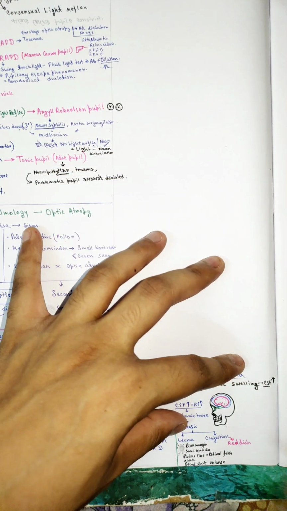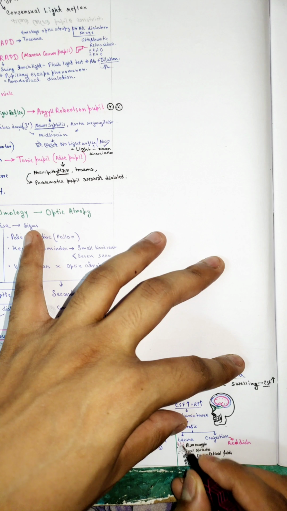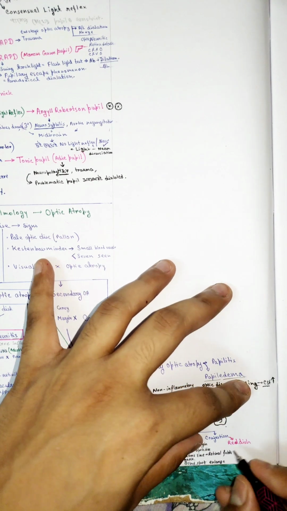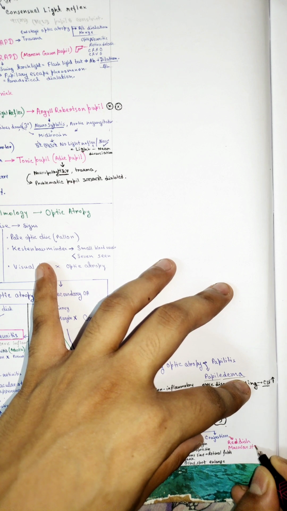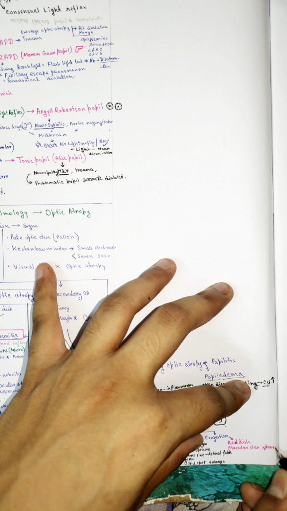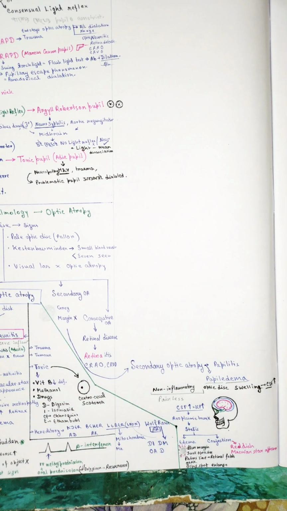We will see macular star appearance like this here as well. Macular star appearance. And loss of venous pulsation. Oh, that is not very important.